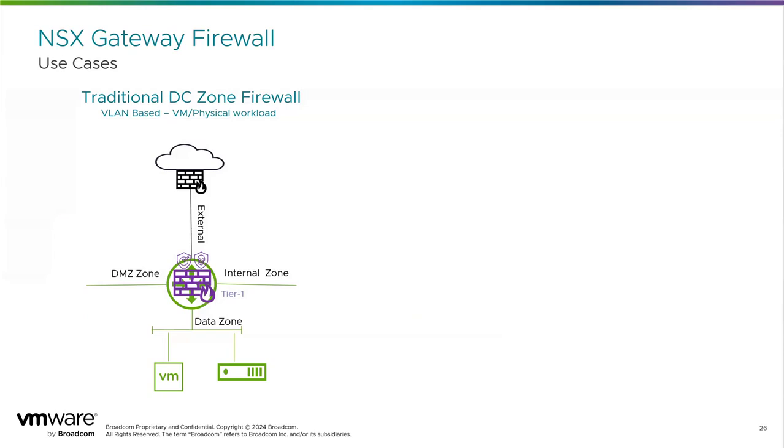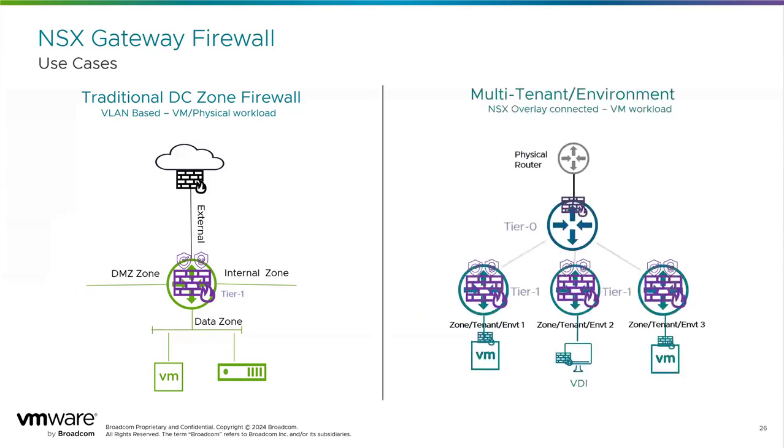For zone, environment, or tenant separation, you really have to look at the traditional DC zone firewall and compare it to a multi-tenant environment within an NSX overlay network. Okay, the first hop centralized firewalling for any workload through the service interface. You can then augment network-independent access controls for the DFW with network-based zoning based on the gateway firewall.